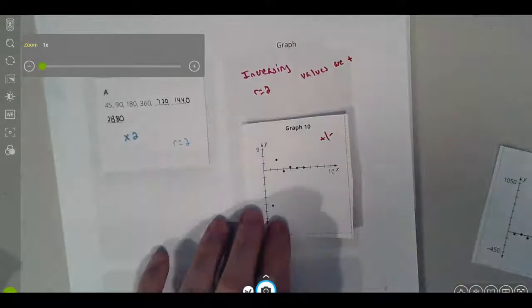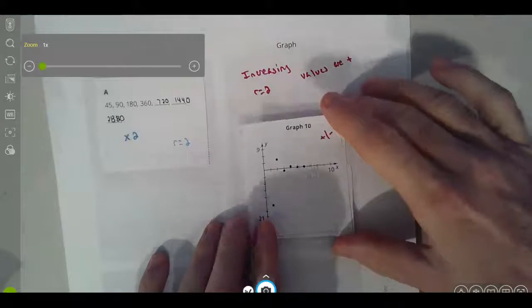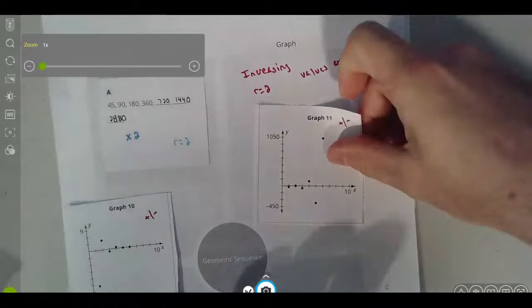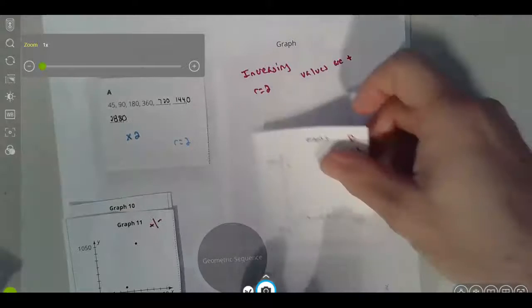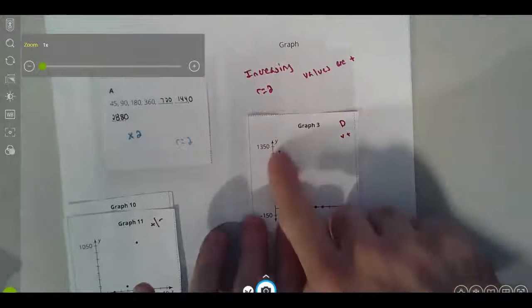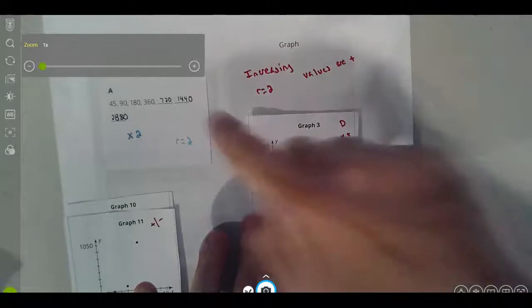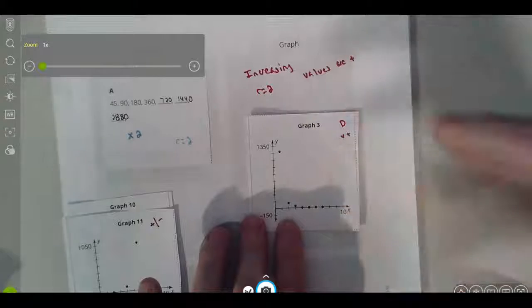So I want to look at each of these graphs. If I look at graph 10, is it increasing? No, it's alternating. I could even say 11. I'm going to say 11 is not good because it's alternating. If I look at graph 3, is it increasing? No, it's decreasing. All these y values are increasing, so that doesn't work out.